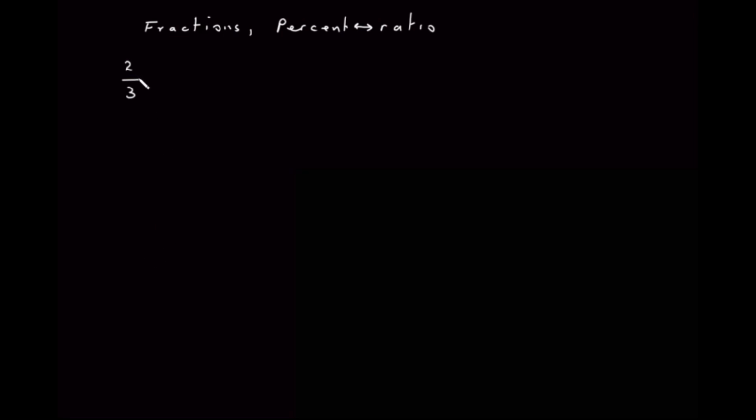Now these do have proper names, that is numerator and that is denominator. They have Latin roots, those names, but I'm not going to use those. I'm going to use words that describe what they actually do. Top one is actually a count, and the bottom one indicates the size of what it is you're counting.